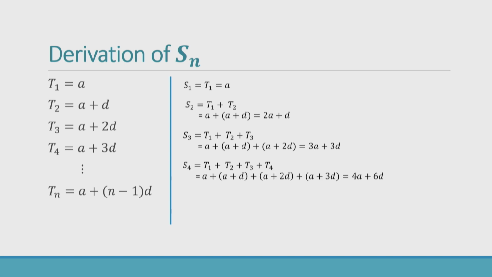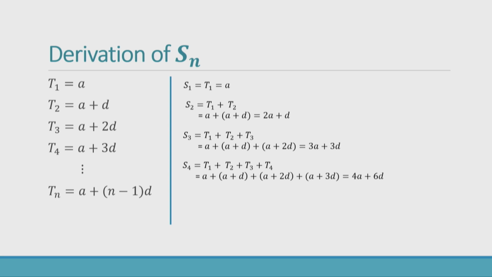Similarly, S4 will mean the sum of the first four terms. That is T1 plus T2 plus T3 plus T4. And we replace T1 by a, T2 by a plus d, T3 by a plus 2d, and T4 by a plus 3d.